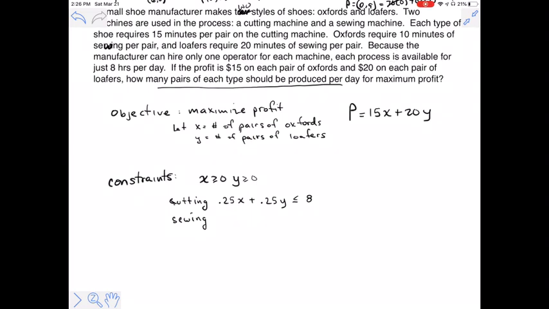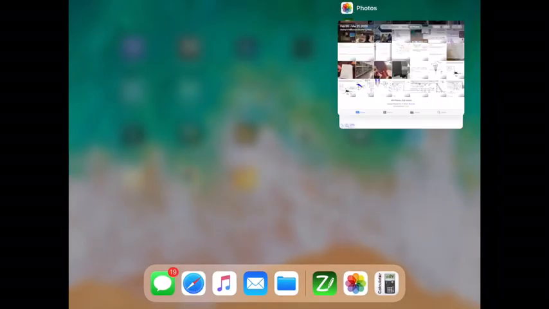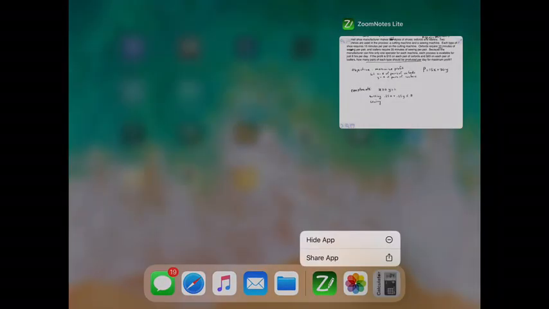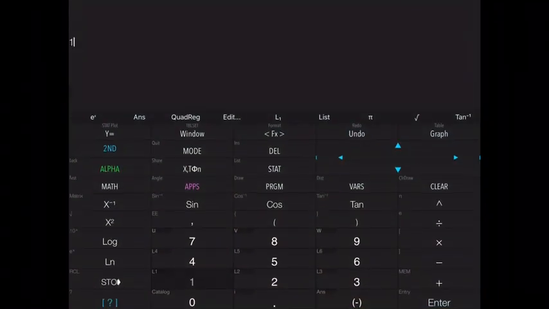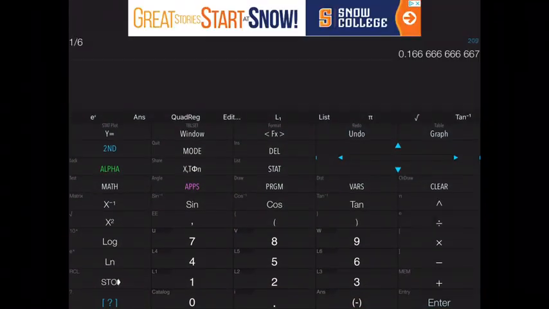Now for sewing, let's see, Oxfords require 10 minutes. So 10 minutes out of an hour. So we need to put this in terms of an hour. So 10 divided by 60 is 1 divided by 6. So that's 0.1666.